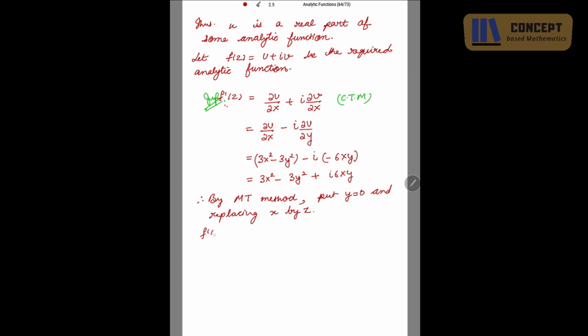So f dash z becomes 3z square. This term is 0 and this term is also 0. Now integrating f dash z dz is equal to integrating 3z square dz, that comes out to be 3 z cube over 3 plus constant, which is equal to z cube plus c.